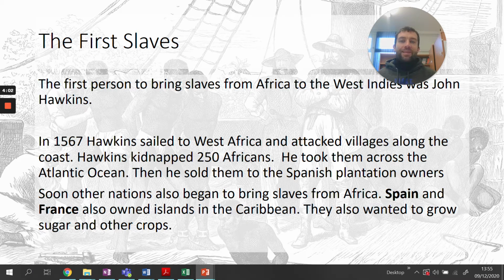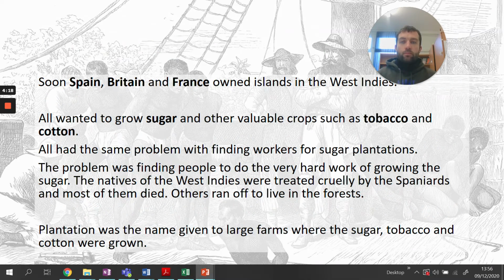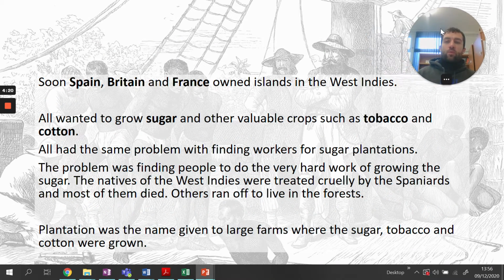These owners made the slaves work on their farms, and soon other nations got wind of what was happening and followed suit. Spain and France also owned islands, and they also wanted to grow sugar and other crops that the West Indies allowed them to grow. Soon Spain, Britain and France owned islands in the West Indies.